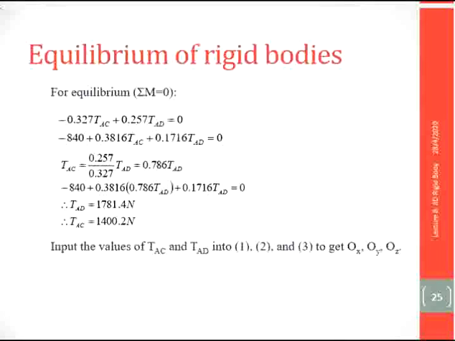For equilibrium, all of this is for the 3 equations, and the summation is equal to 0. When you solve it, you will get the tension of cables TAD and TAC, and then put these values in to get Ox, Oy, and Oz.